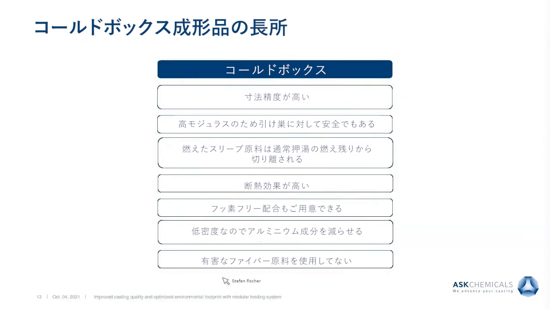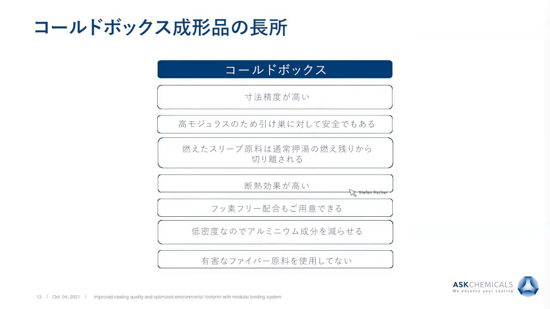The burnt feed material usually detaches itself from the rest of the feeder. The background here is that once the binder is burned, the granules are not held together anymore, and these granules detach themselves from the residual riser.